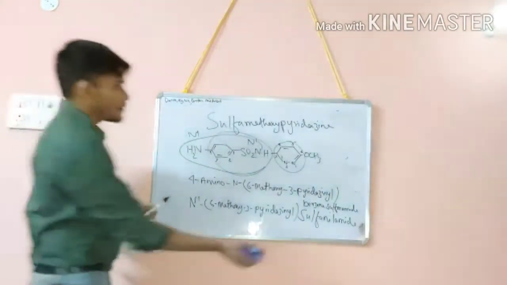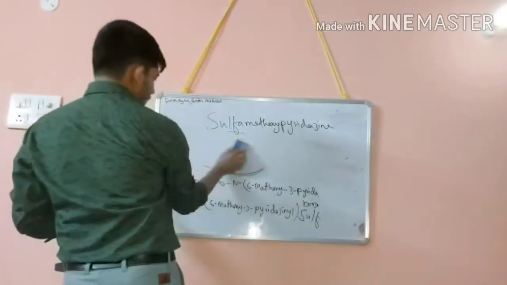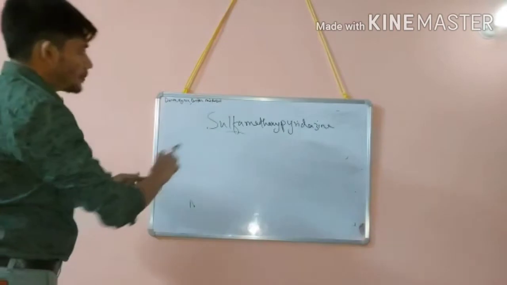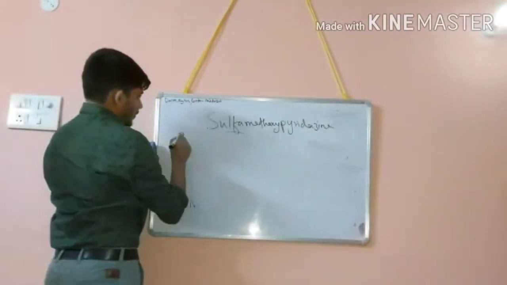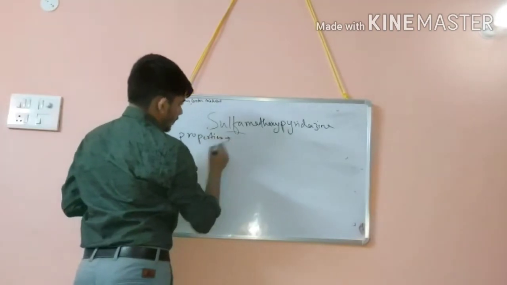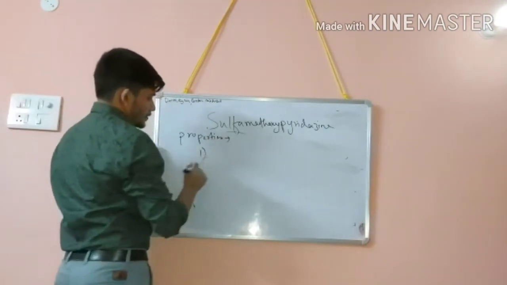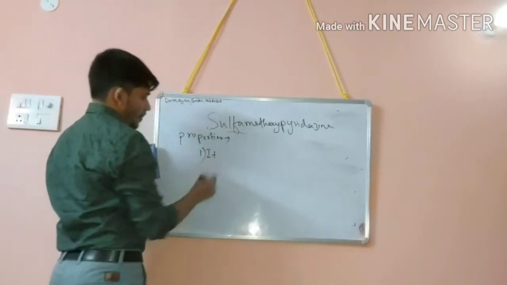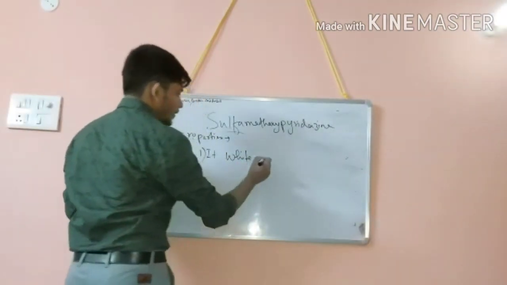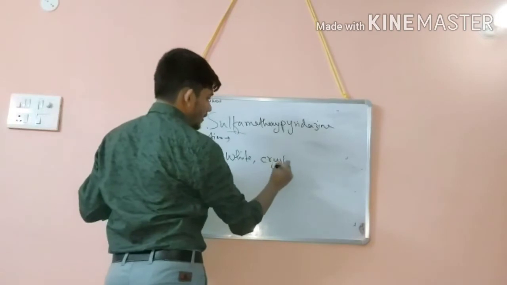Next we will go for the properties of this sulfamethoxypyrazine. First, it is white in color, more precisely a white crystalline powder.